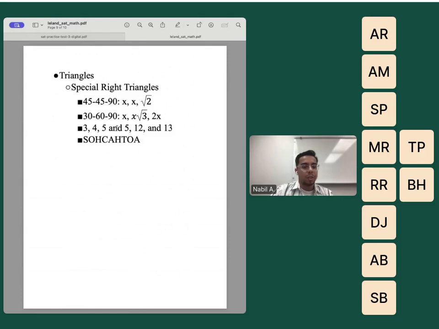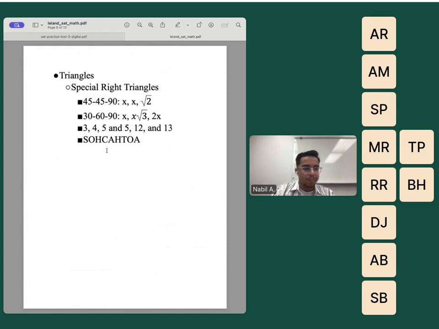So there's no need to do the Pythagorean theorem. If you already know that one side length is 3 and the hypotenuse is 5, we know that the missing side length has to be 4. So any multiple of that, like 3, 4, 5, 6, 8, 10, or 9, 12, 15, is going to be a right triangle. You don't have to do the Pythagorean theorem for that.